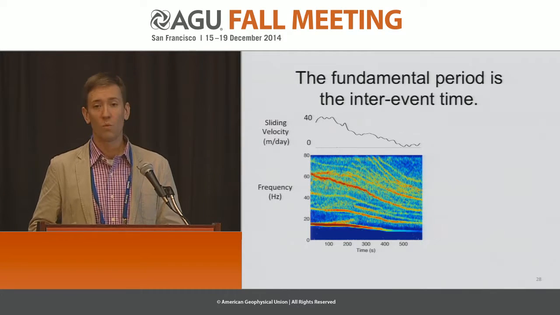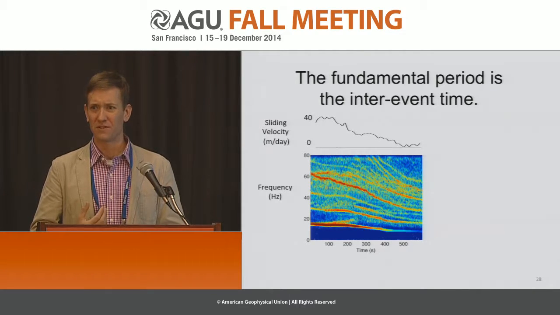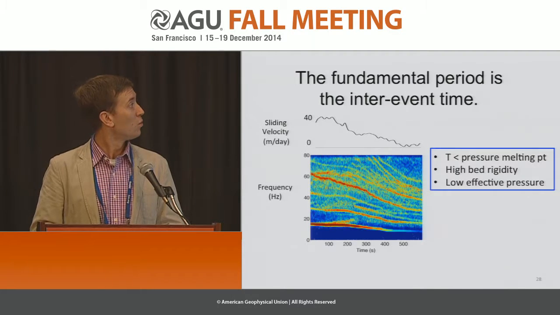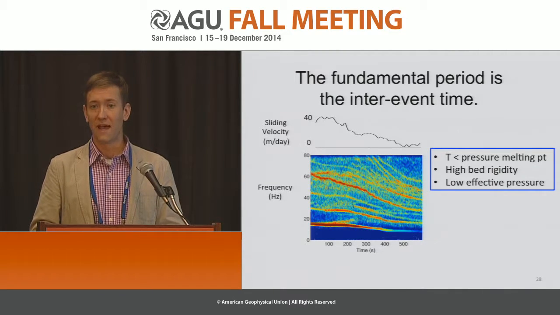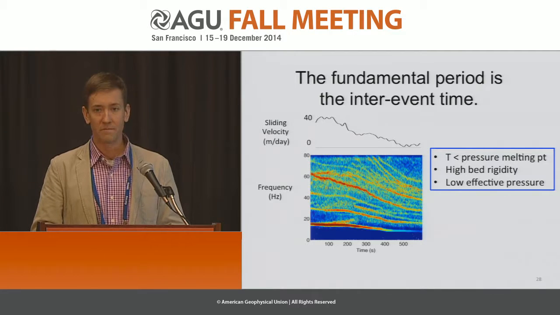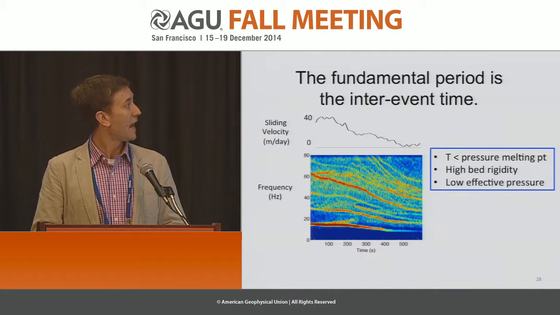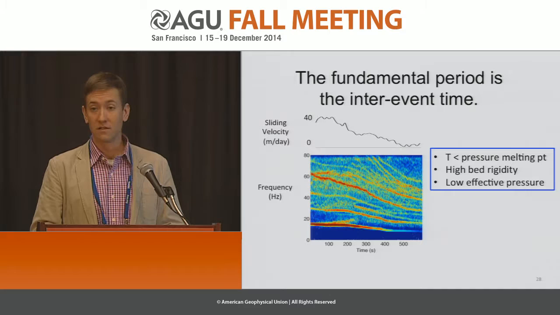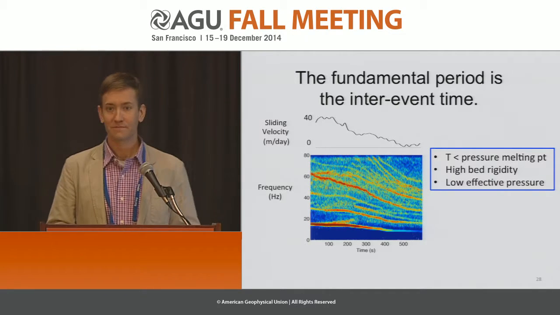And then, when we create physics-based models of this and try to recreate the data, we come to the conclusion that the temperature must be less than the pressure melting point, that the bed must be rigid, at least in my worldview of what the bed of Whillans usually looks like, and that there is very low effective pressure acting at the ice-till interface.